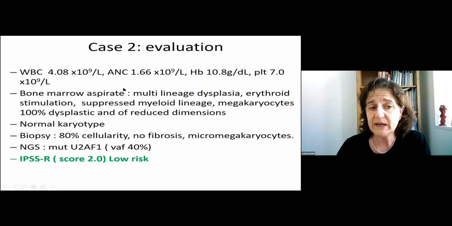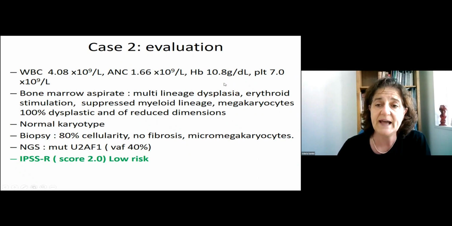Now, we reevaluate the case completely, and the counts we have indicate an even lower level of platelets, 7,000 per microliter. The bone marrow aspirate confirms that it is a lower risk MDS because there is a multilineage dysplasia, but especially megakaryocytes are severely dysplastic and have reduced dimension.